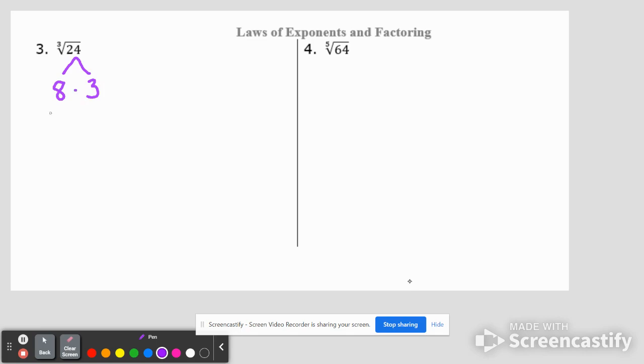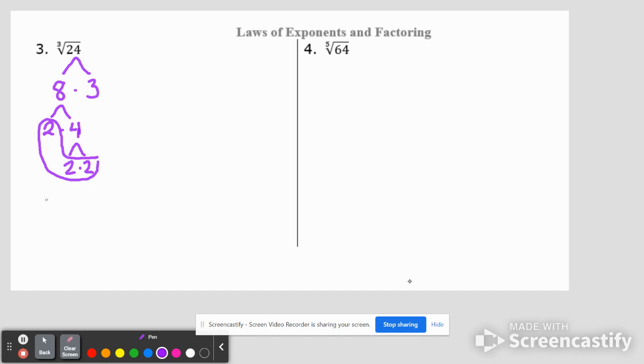But the cool thing about 8 is that it is actually the number that I need. So the cube root of 8 is 2. If you're wondering why, that's because 2 times 2 times 2 is 8.